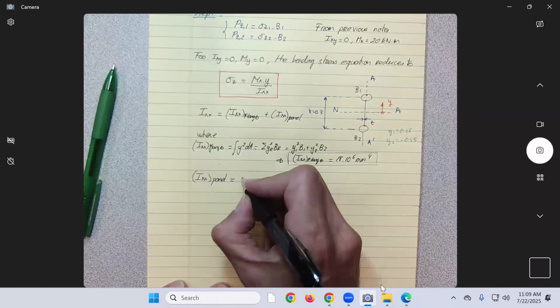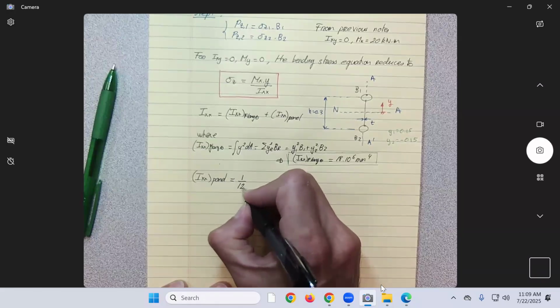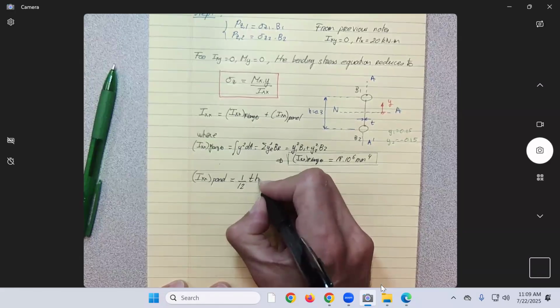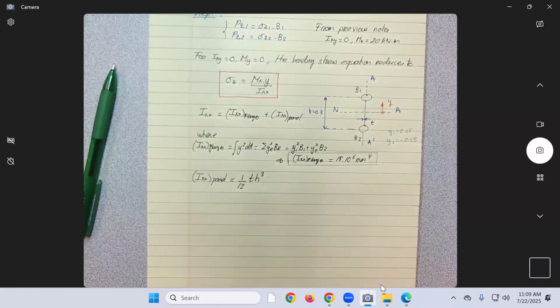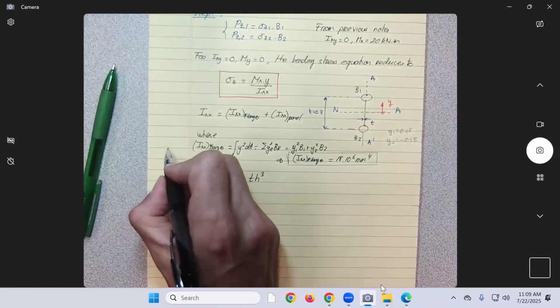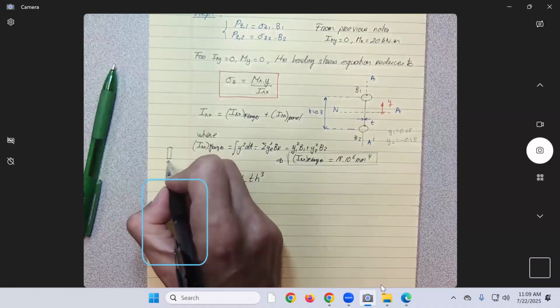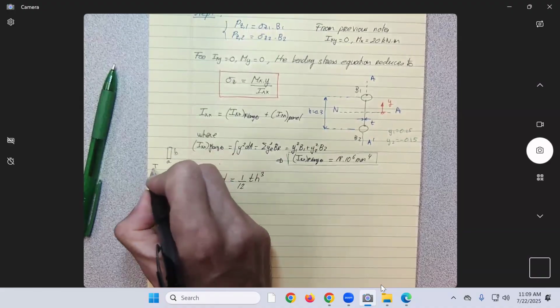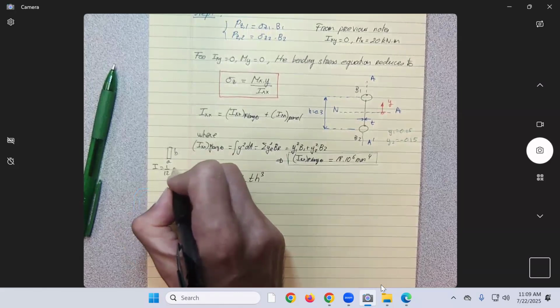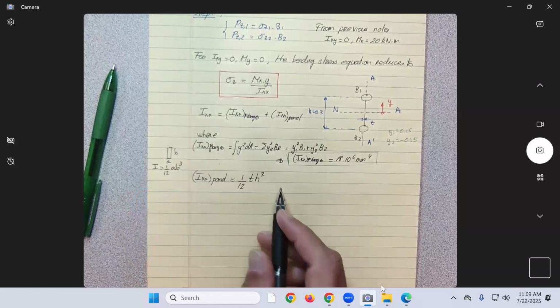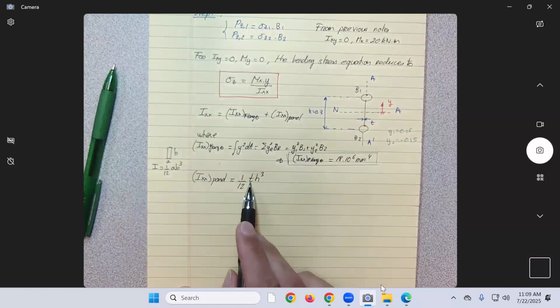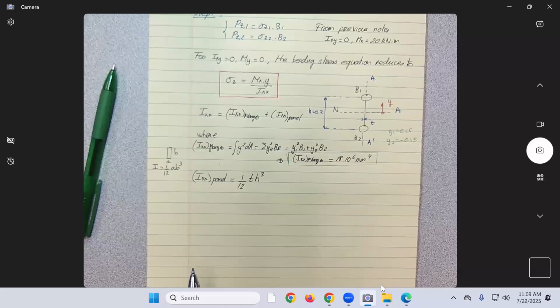So here the expression would be 1/12 T H cubed. Remember the moment of inertia of this rectangle, with base A and height B, is I equal 1/12 A B cubed. So here the base is T and B is H cubed.